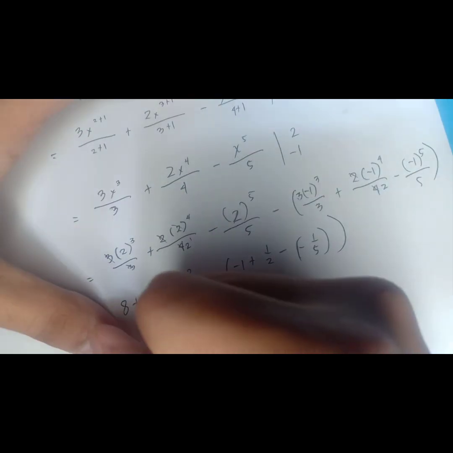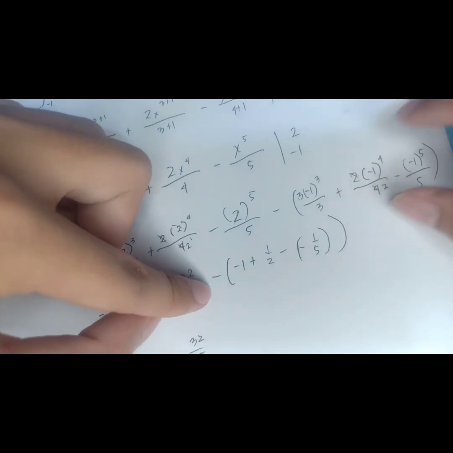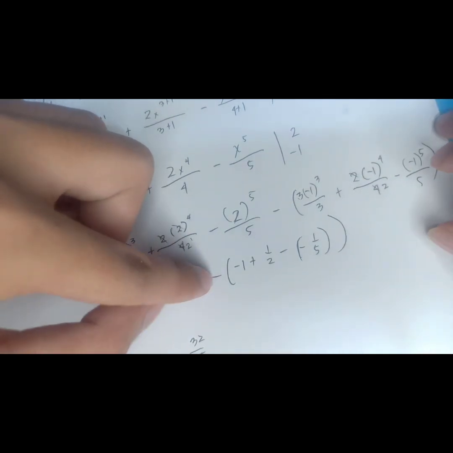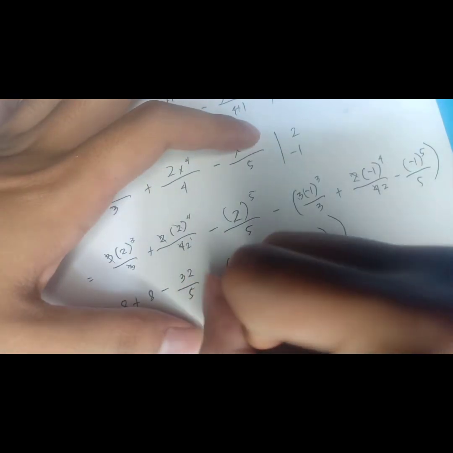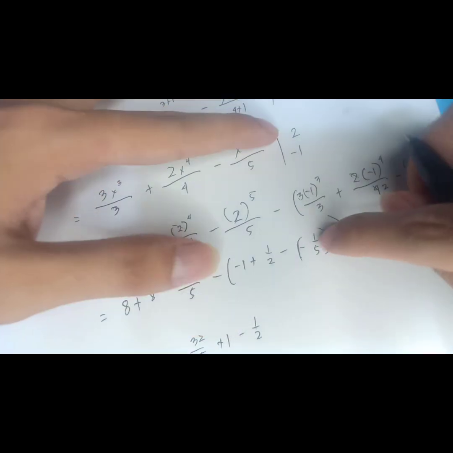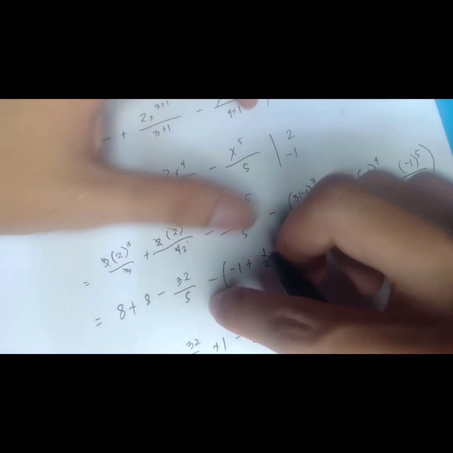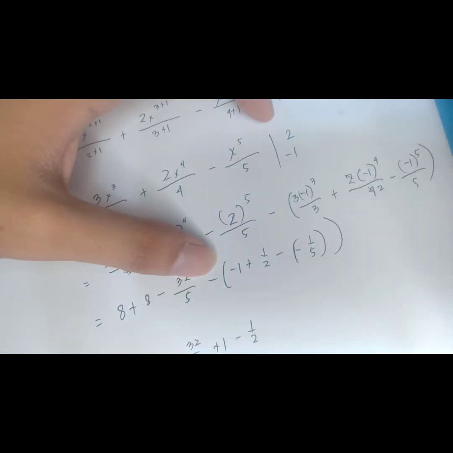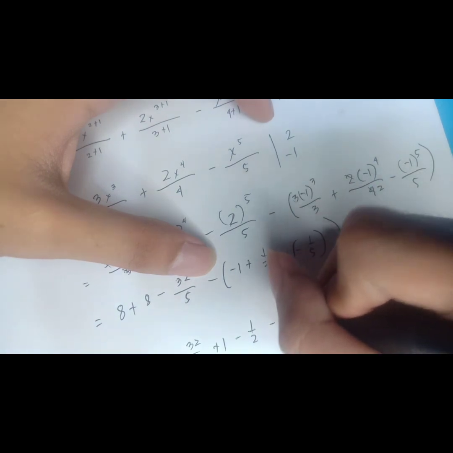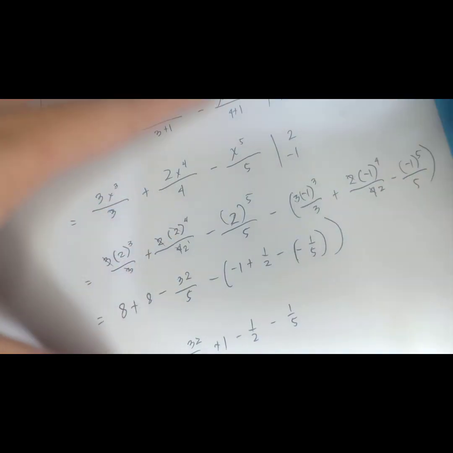So simplify again, so we can add this one, so it will be 16 minus 32 over 5. Distribute the subtraction sign, so minus negative 1 is equal to plus 1, so plus 1/2 minus 1/2 is equal to negative 1/2, so this will be addition, so if we distribute this one, it will be negative 1/5. So next, simplify again.